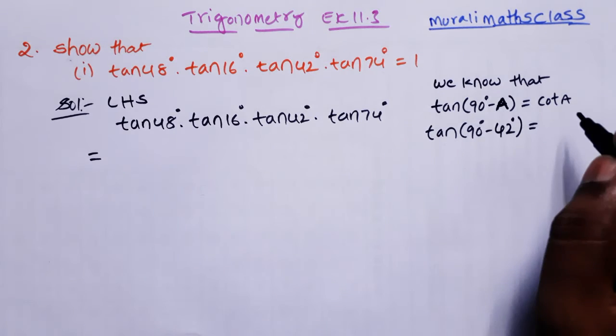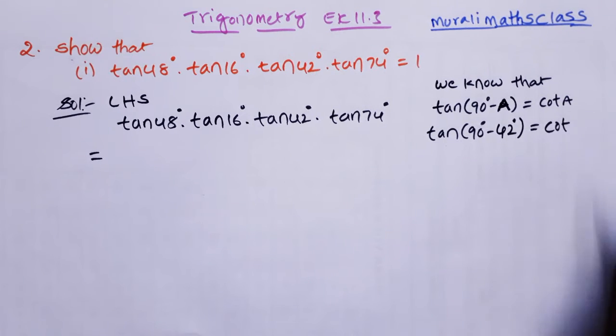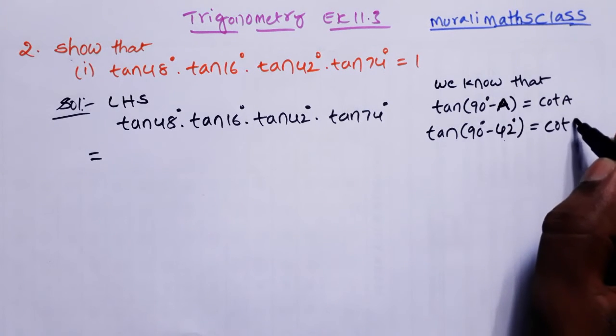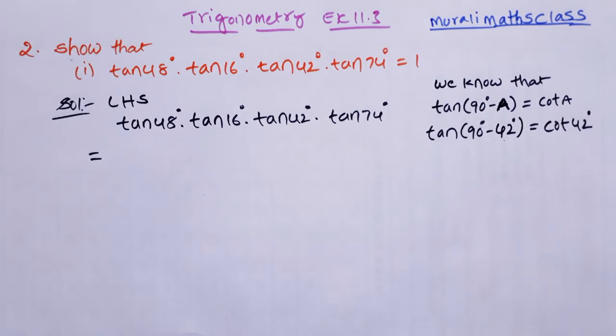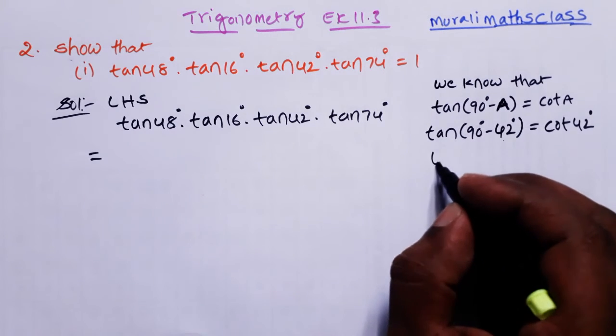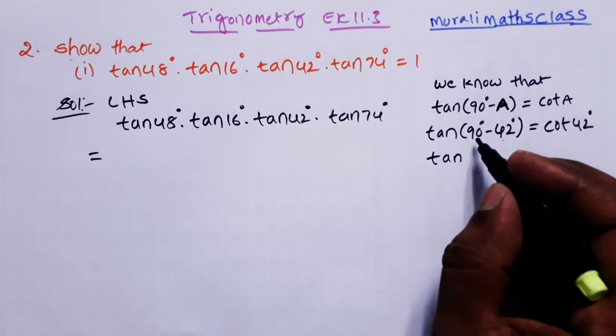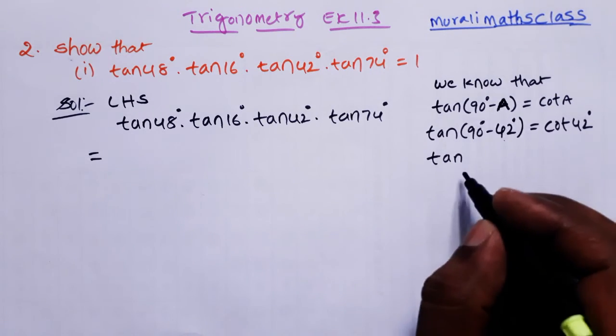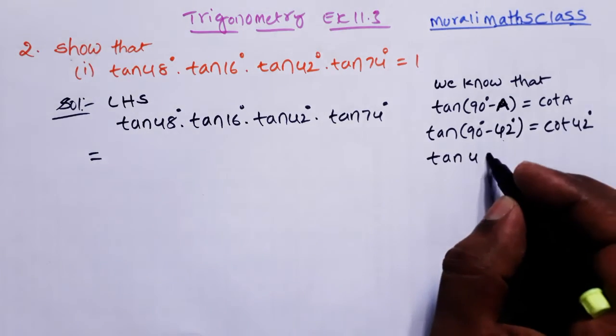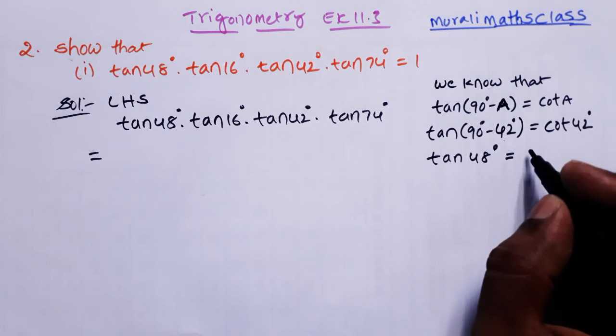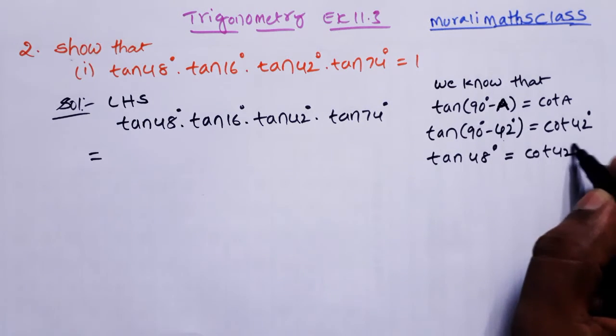Now cot A means what? 42 degrees. In the next step we will get the answer now. Tan 90 degrees minus 42 degrees, 48 degrees equals to cot 42 degrees.